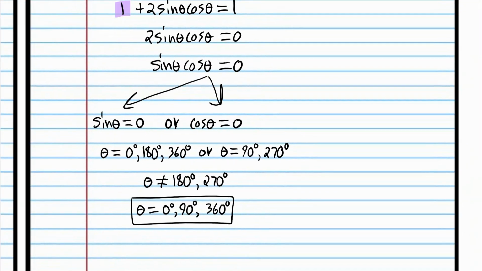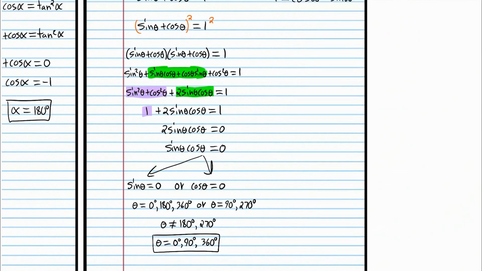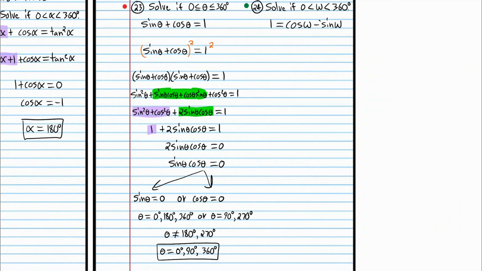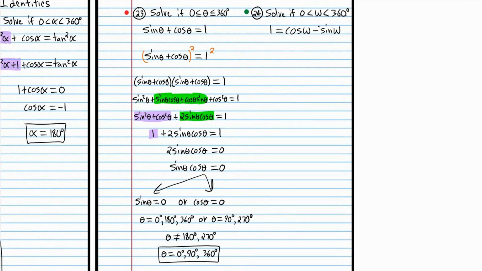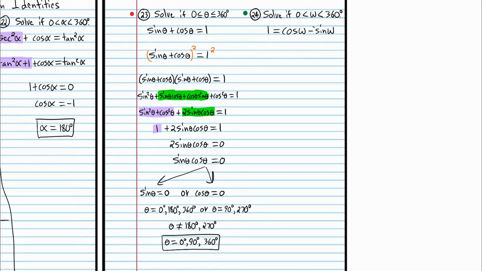So again, you have to look for those extraneous solutions. I know that's kind of intimidating to have to use that special technique and also look for extraneous solutions. So try number 24. You're going to use the same technique. You're going to square both sides of the equation. And when you come back, we'll do it together.